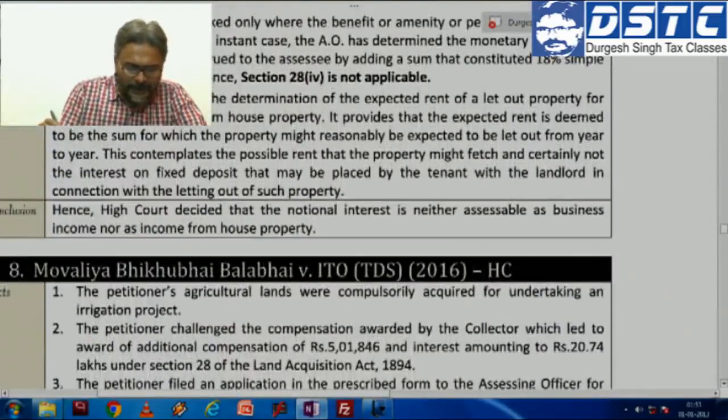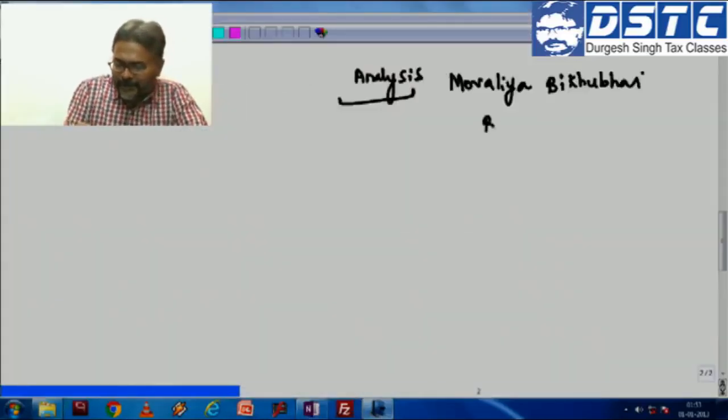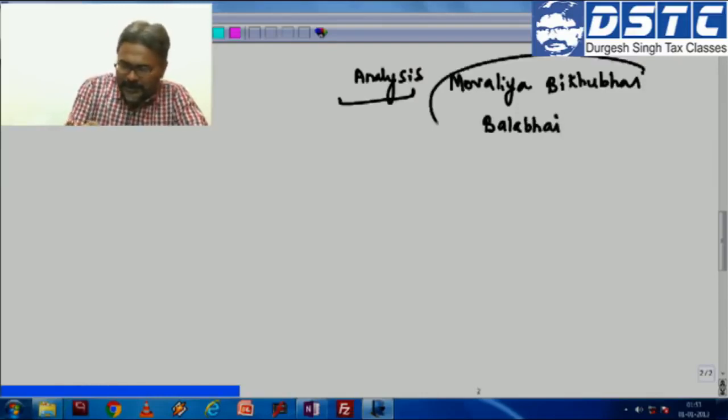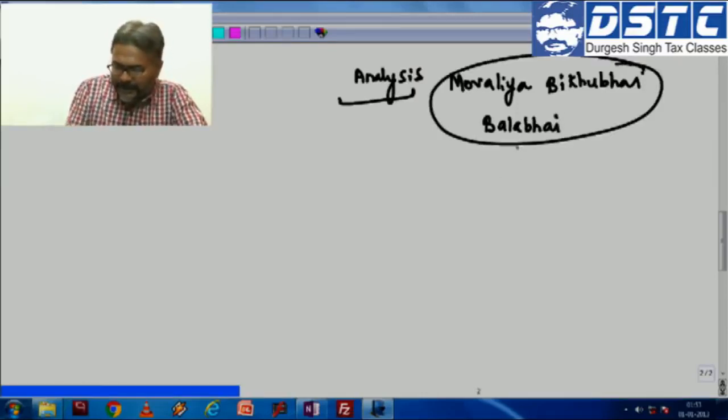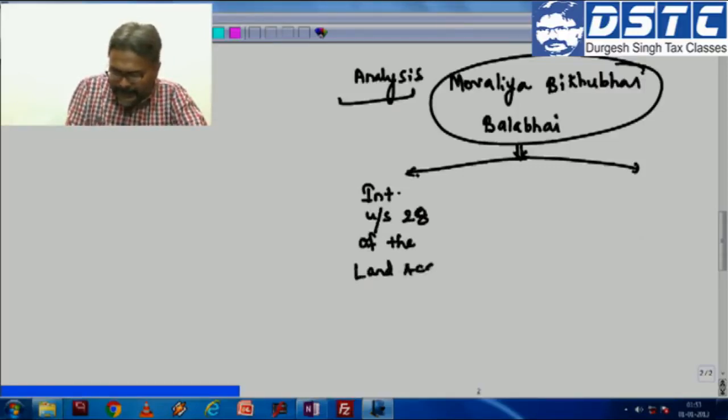Now in this particular judgment, Balabai, the challenge is interest under section 28 of the Land Acquisition Act.